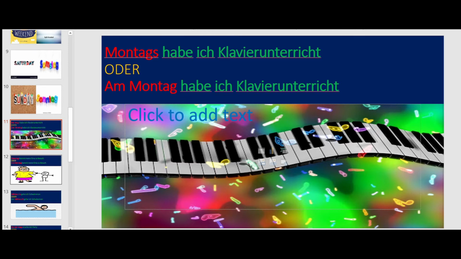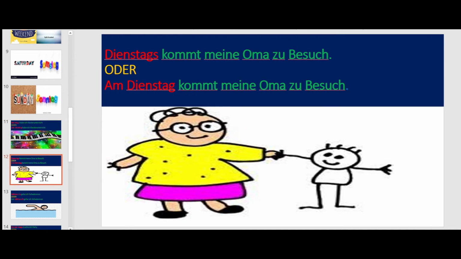Again, we'll see this with the next day. Dienstags kommt meine Oma zu Besuch. On Tuesdays, my grandmother comes to visit me. On every Tuesday of the week, she comes to visit me.